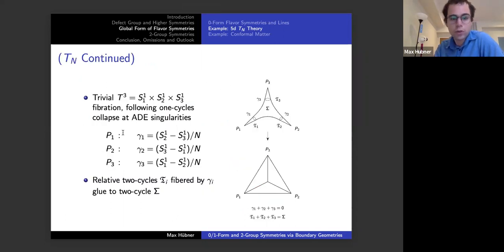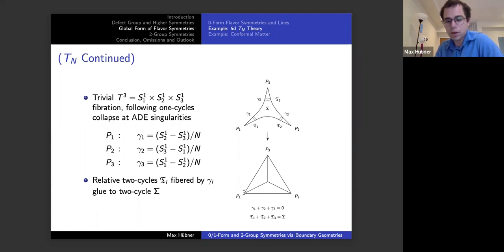So the first thing to notice is that this T3 fibration is trivial because we're only describing C3. And okay, we applied the quotient, and this is the boundary geometry. It's T3 fibered over this triangle base. And for example, consider P1.